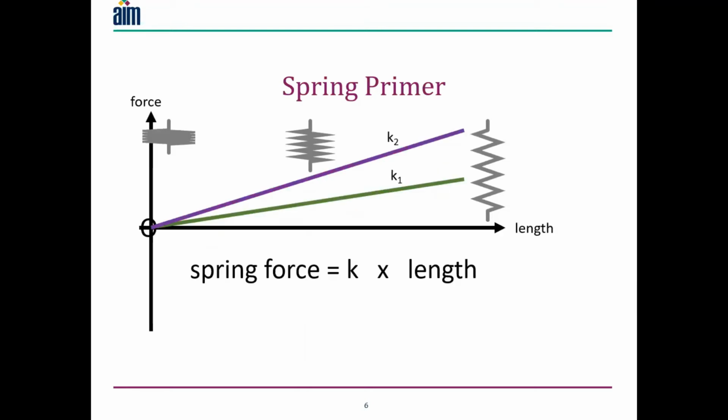So one final thing about springs is that springs can have different stiffnesses. We can have a weak spring, which in this case would be K1, and that means you just need less force to extend that spring a certain length. When you look at K2, you can clearly see that would be the stiffer spring, because we have to pull harder, in other words exert more force, to get to a certain length.